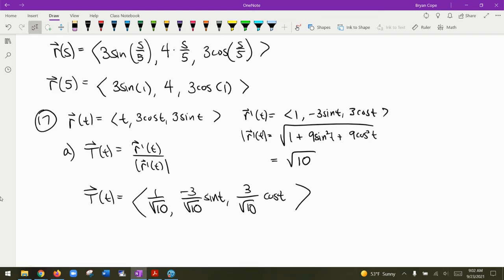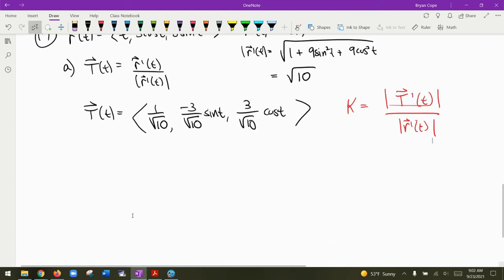If you look back in the text a couple of pages, formula 9 is the one that we left off on in class, so it's this one. It's the magnitude of T prime of t all over the magnitude of r prime of t. Okay, so let's compute the magnitude of T prime of t. So first we need T prime.